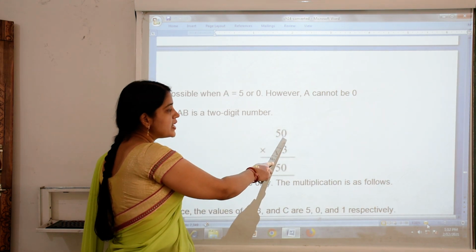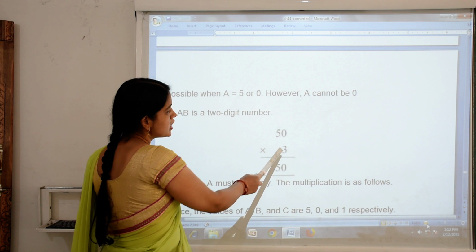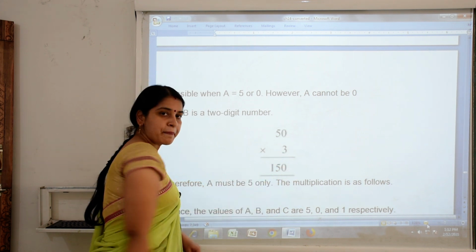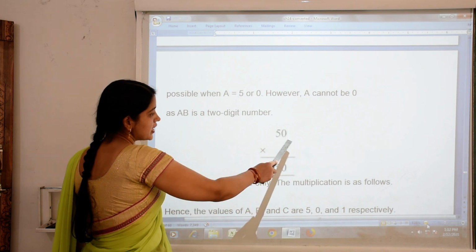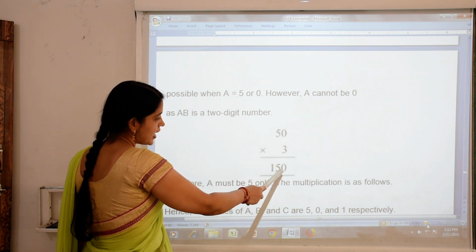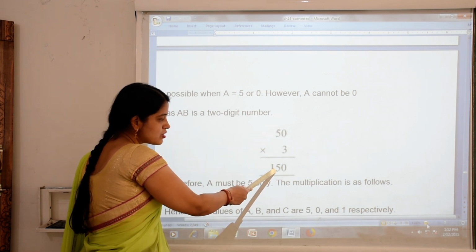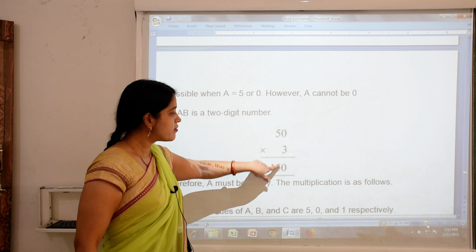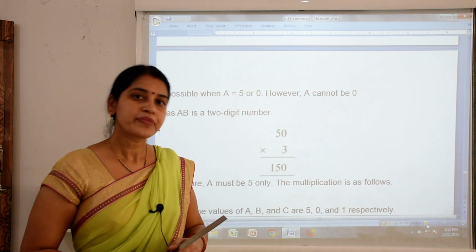The value of B is 0 and value of A is 5. So 3 into 0 we get 0 and 3 into 5 we get 15. So here what you are observing, that here A and here also A and here B, here also B. That means value also should be same and it is matched with the question.